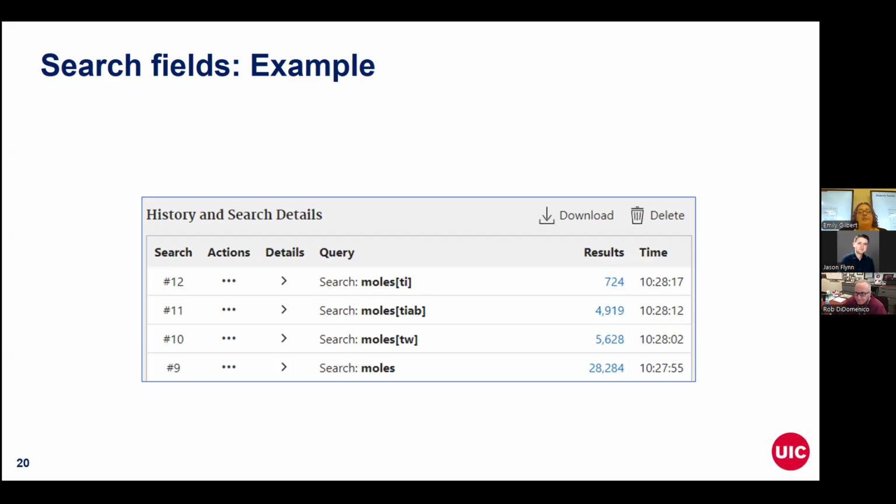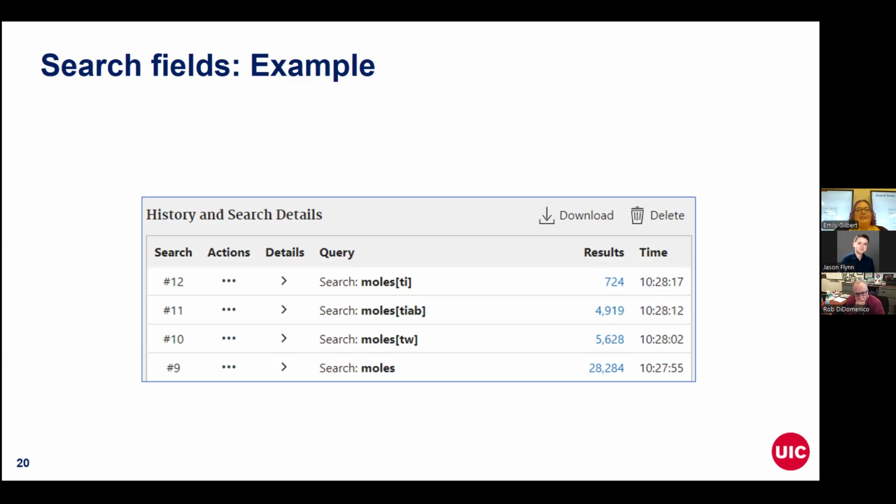Or you might want to expand that a little more and do title and abstract, which is TIAB. I don't think you can combine all of the field tags like that, but TIAB is very commonly used among librarians who search PubMed. So that is one where you can just kind of shove the two together. But I don't think it works that way for others.